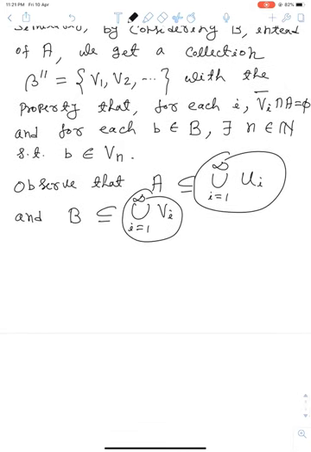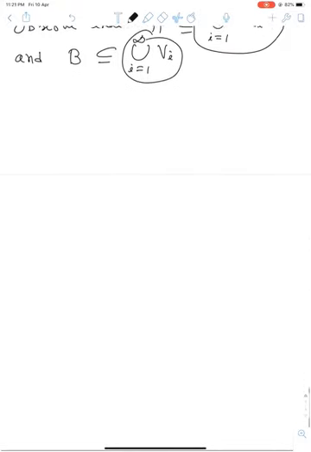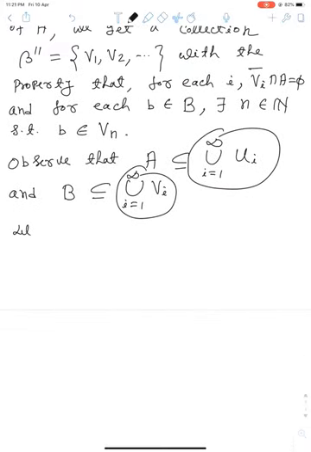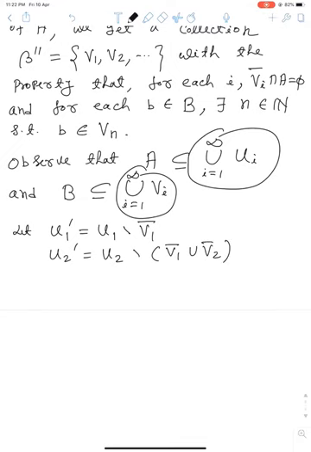So how to tackle this problem, that is, their intersection is not empty? We find other open sets. How to find them? Here we can write u1 dash equal to u1 minus v1 closure, u2 dash equal to u2 minus v1 closure union v2 closure, in this way.